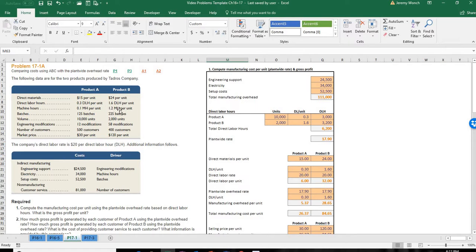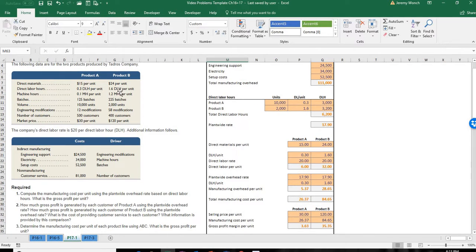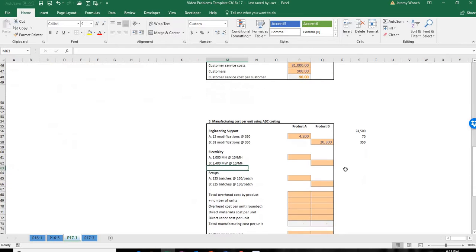Then if we take 1.2 times 2,000, that's going to be 2,400. So 1,000 and 2,400 added together is going to be 3,400. So we have 3,400 machine hours and electricity costs of 34,000.